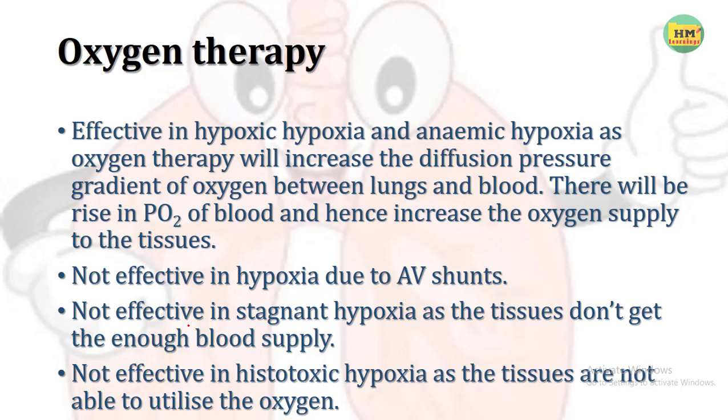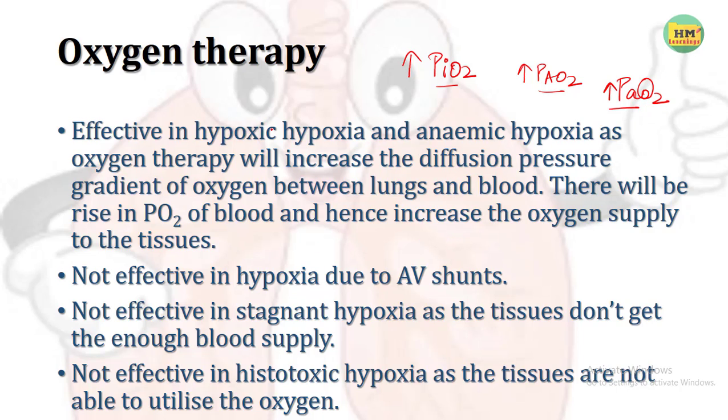Because the patient is inhaling the oxygen, we are increasing the inhaled partial pressure of oxygen. If the inhaled partial pressure is increased, the alveolar PO2 will be increased, and if the alveolar PO2 is increased, the arterial PO2 will be increased.